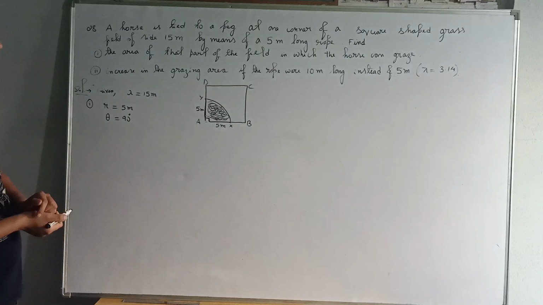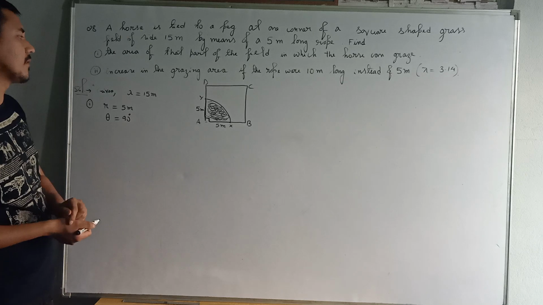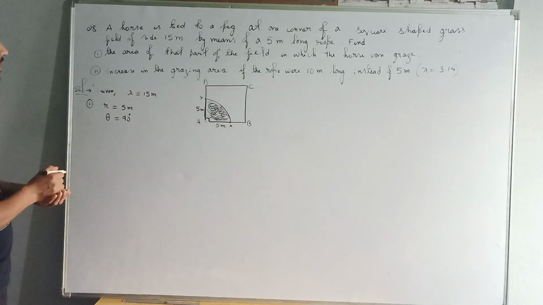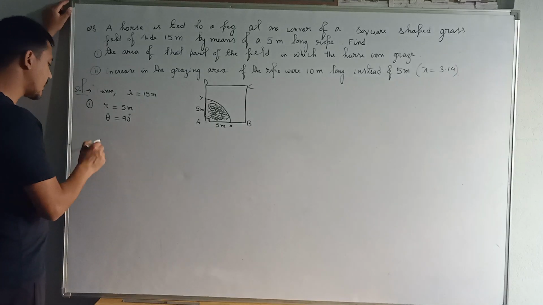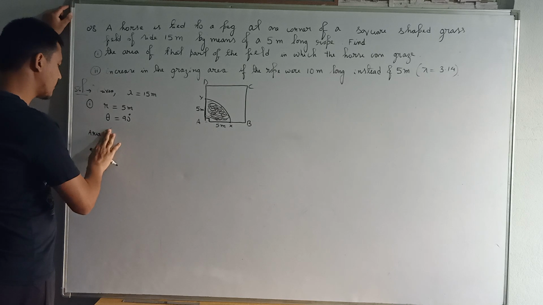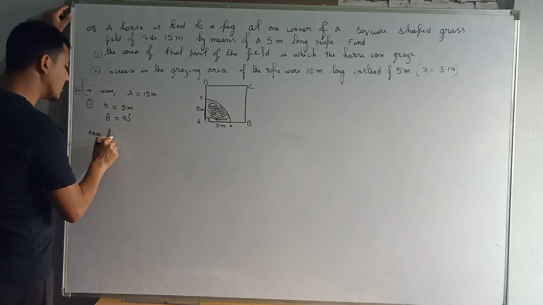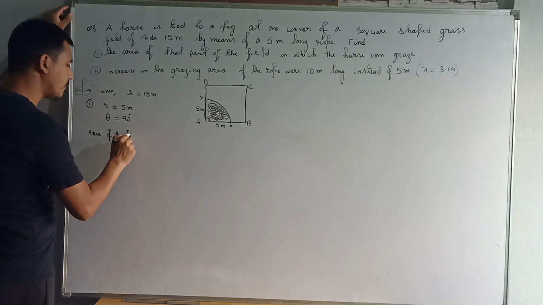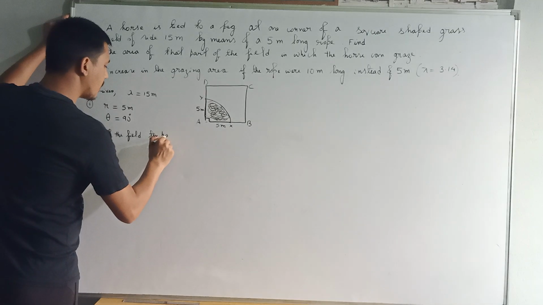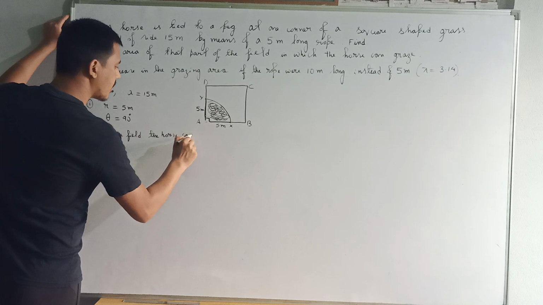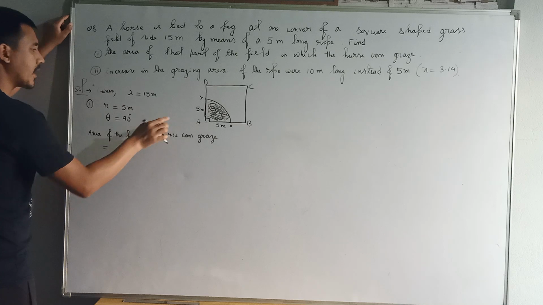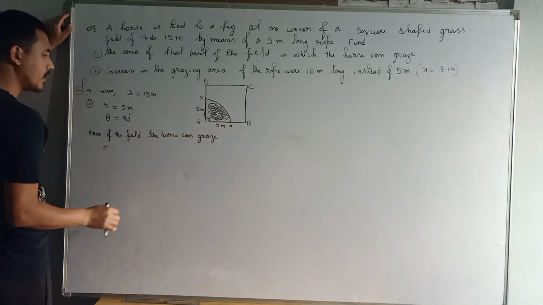So the area of the part of the field in which the horse can graze is your area AXY, which is in the shape of a sector, so it is the area of the sector. So the area of the field the horse can graze will be equal to the area of the sector AXY, right?